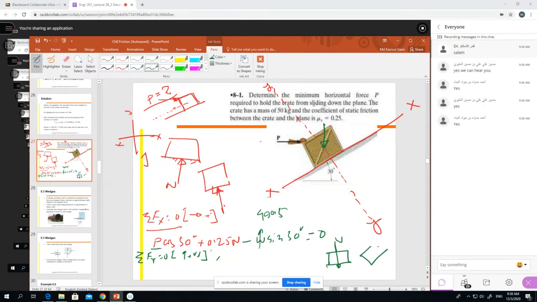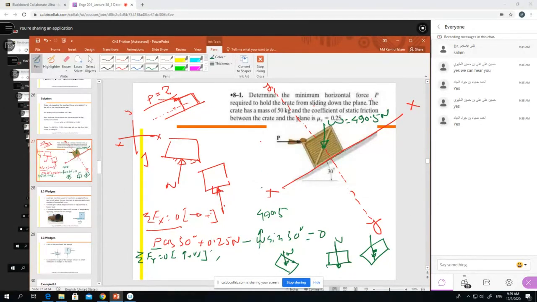If you keep the body like this, W still works from the center. Anyhow you put it, W will cross through the center of gravity, CG, and you calculate the W value. Tell me, W equal to 490.5 Newton.